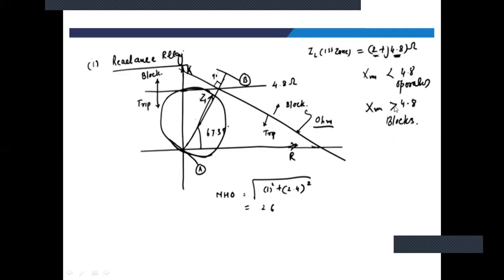And when the measured reactance Xm is greater than 4.8, then it will be blocked. So below this line the relay will trip, and for any value on the upper side, the relay will be blocked.